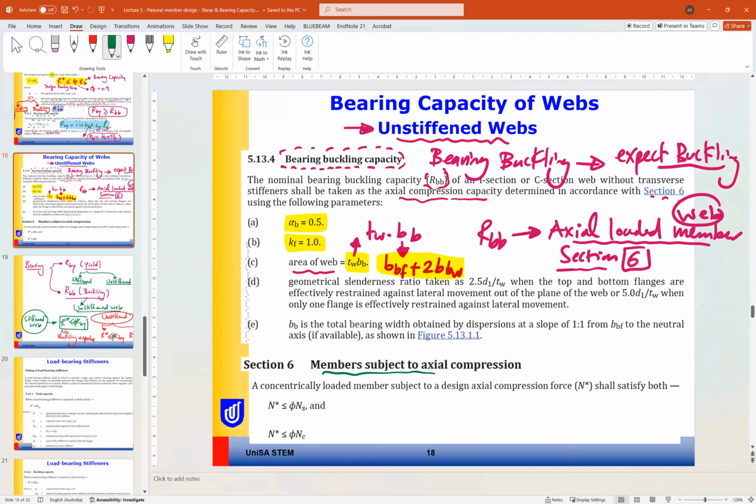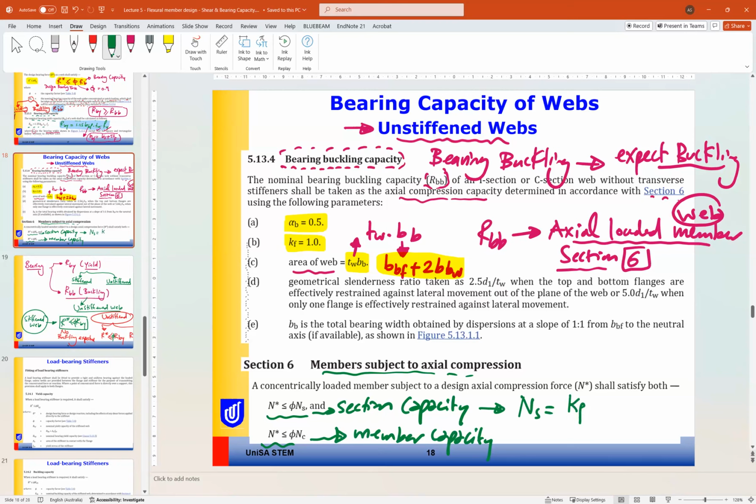So if you remember, for section 6, we have two criteria. One of them is the section capacity, and one of them is the member capacity. For the section capacity, we have NS equal to KF times AN times F yield. For the member capacity, NC equal to alpha C times NS, and it should be less than or equal to NS.